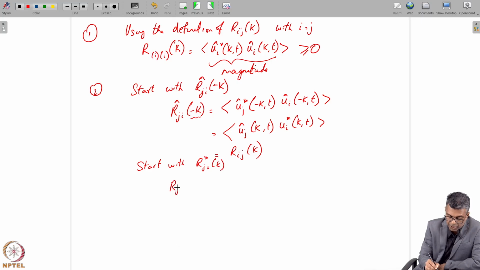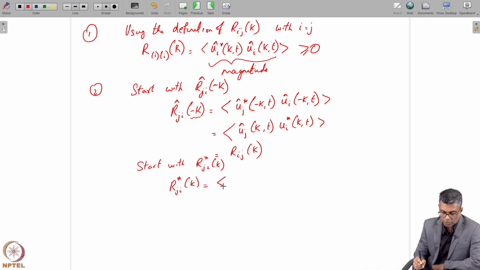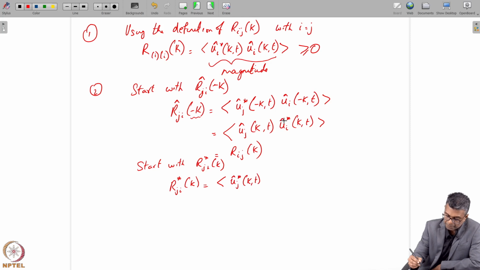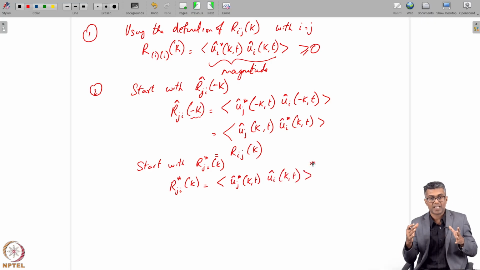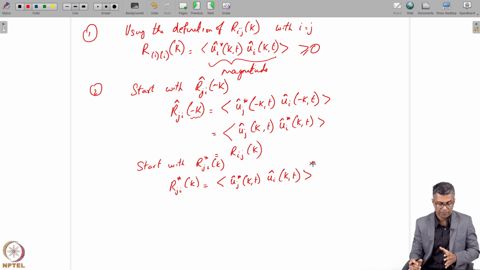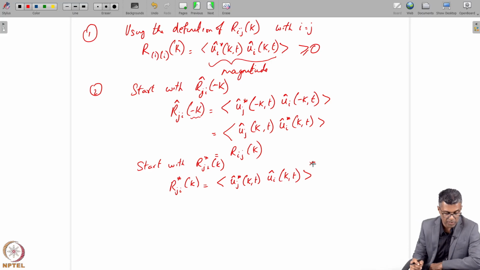We get Rji star of kappa is equal to the covariance of, by definition, Uj star of kappa comma t hat and Ui hat of kappa comma t, and the star of the whole thing because it is Rji star.